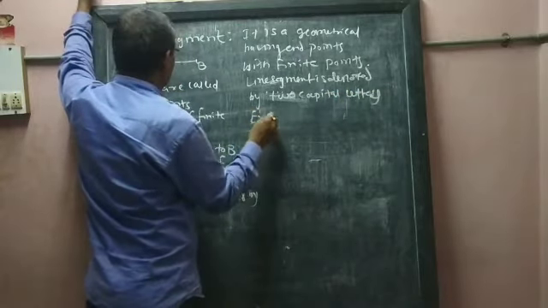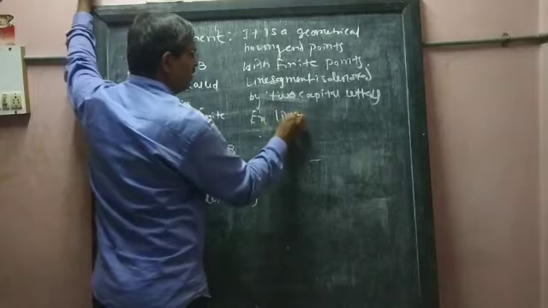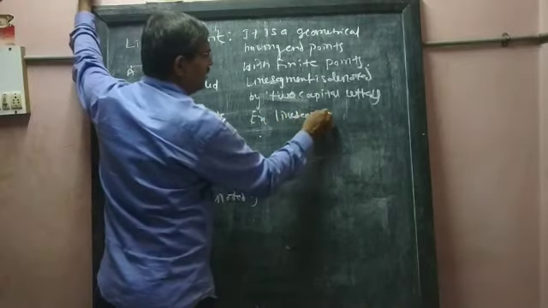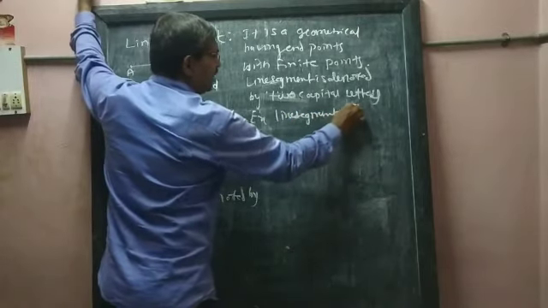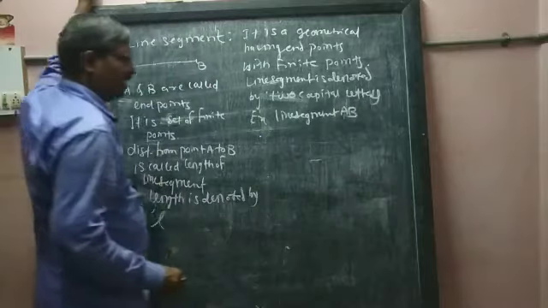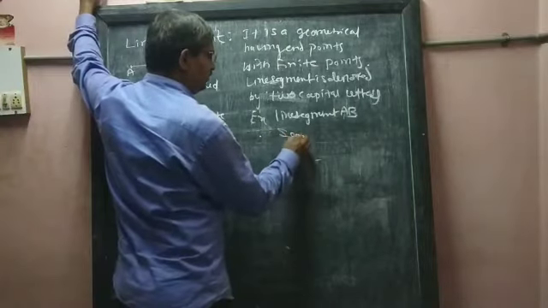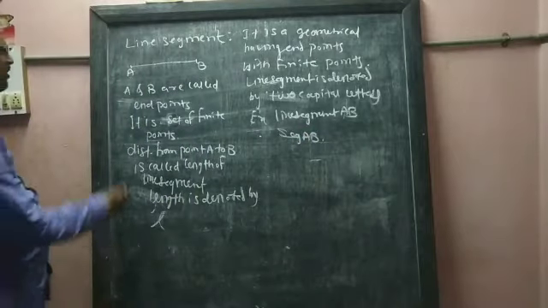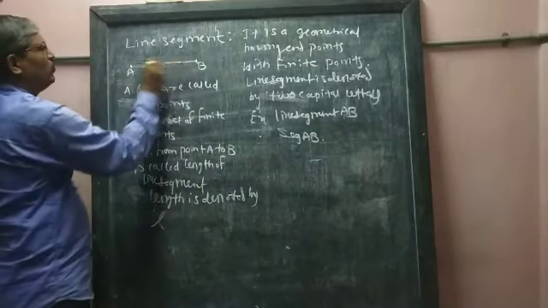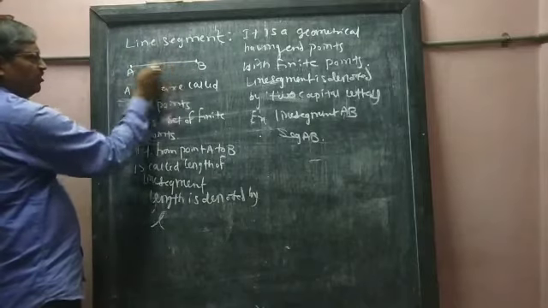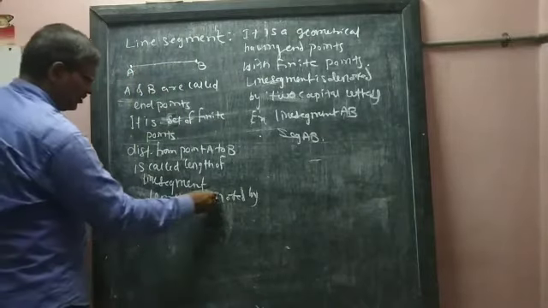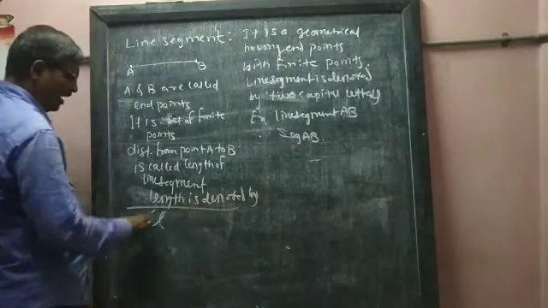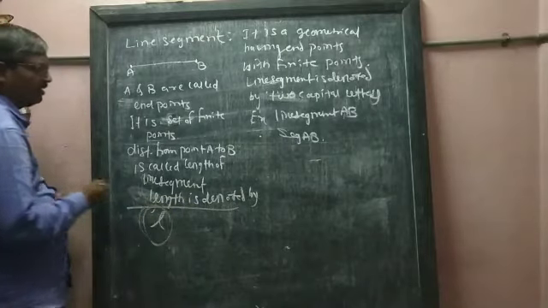Example: line segment AB, or you may directly write seg AB. Understand what I told? So a line segment means which has two endpoints. The distance between two endpoints is called length, and length is denoted by letter L.